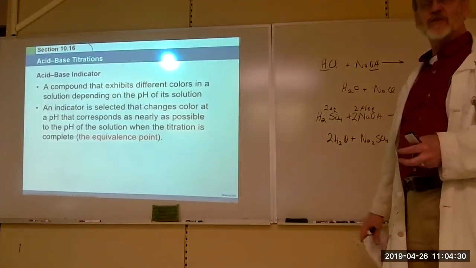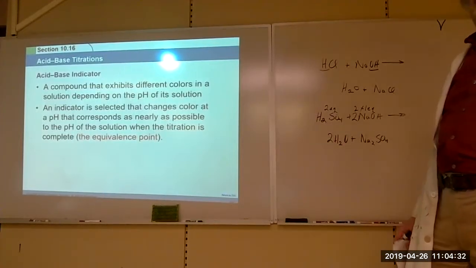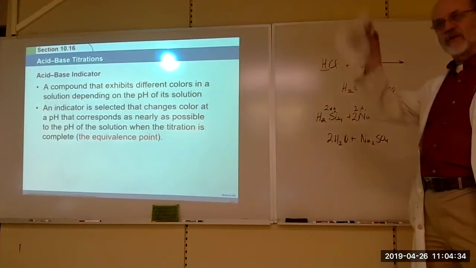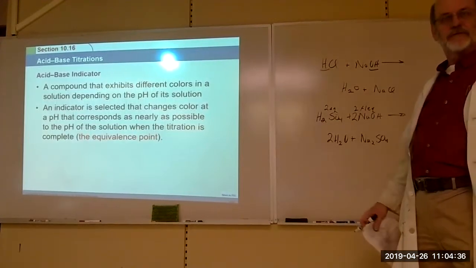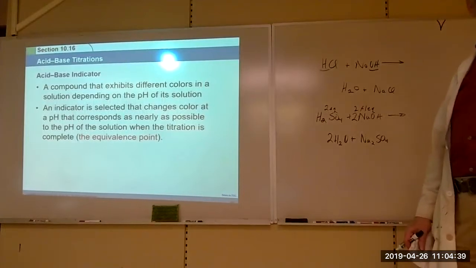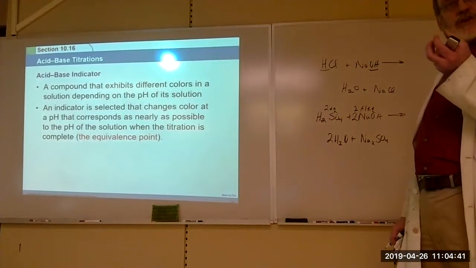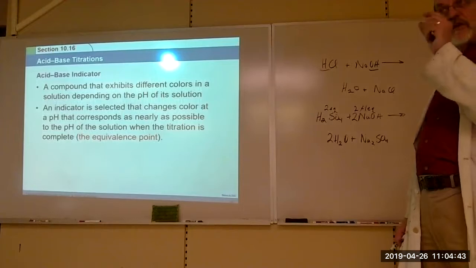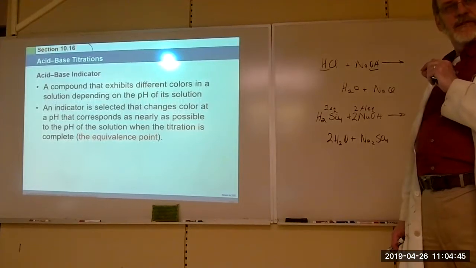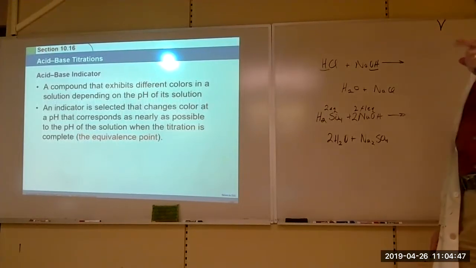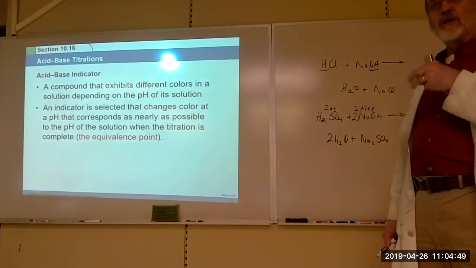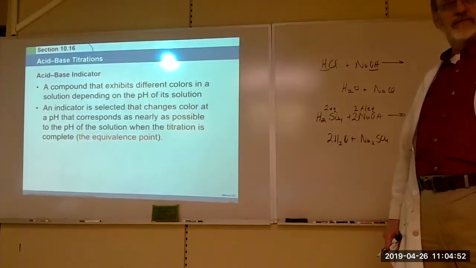I've done titrations where I have 100 samples. You don't want to do a pH curve on each one. It'd take forever. So you use an indicator, something that will change color when you get very close to the equivalence point. It won't be exactly on the equivalence point, but the error will be so small it's insignificant, and it's a lot quicker.